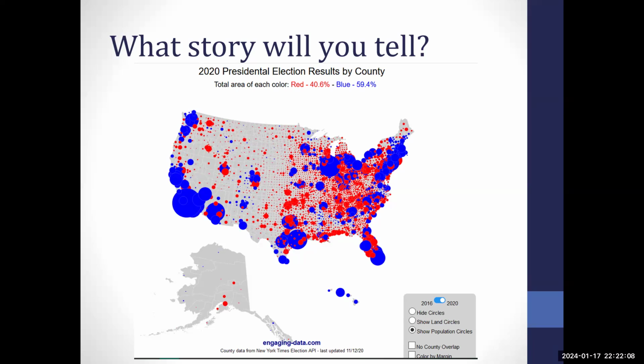So the story that you tell with your data and how you choose to tell that story is just as important as the data itself. So there are some rules that we follow when we're trying to show our information that helps us to be more honest and present our data in a way that is going to convey the information that we want it to.